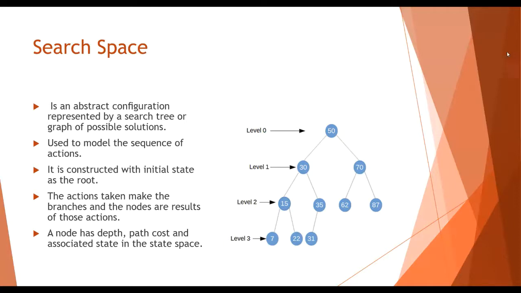The first node, or the topmost node, is called the root, and the other nodes are connected through branches, and the last nodes are called leaves. So 7, 22, 31, 62, and 87 here are called leaves, since there's no node connected after them.